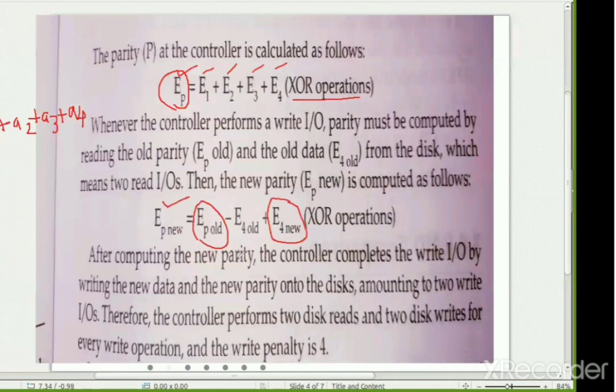The E4 of the old means the old disk number that was taken, that means whichever disk crashed, they are going to deduct that value from the parity.